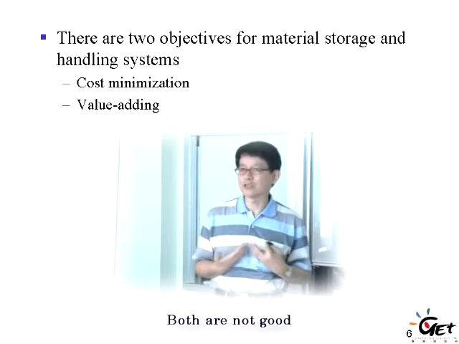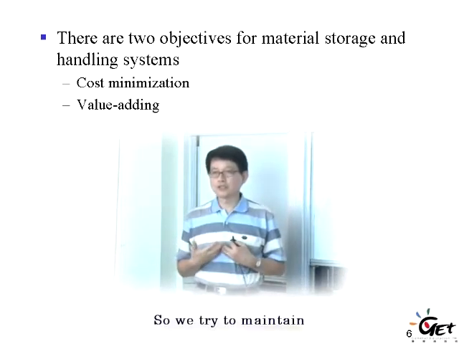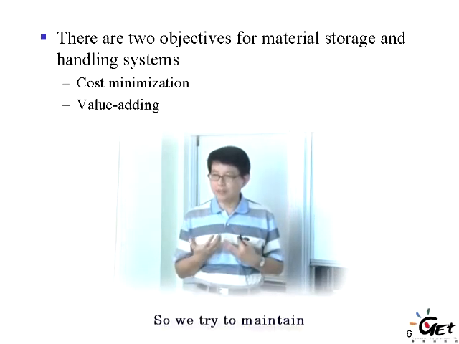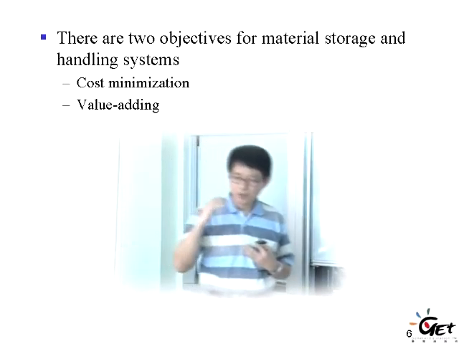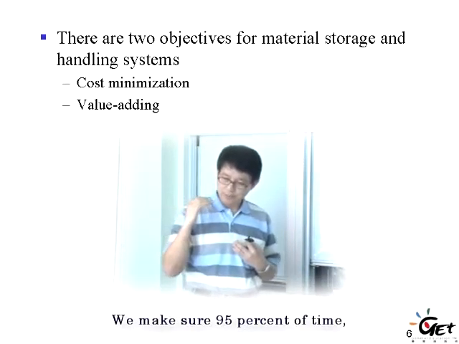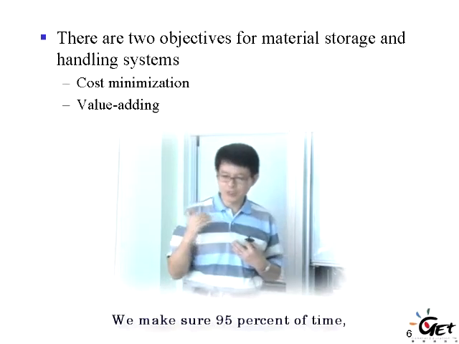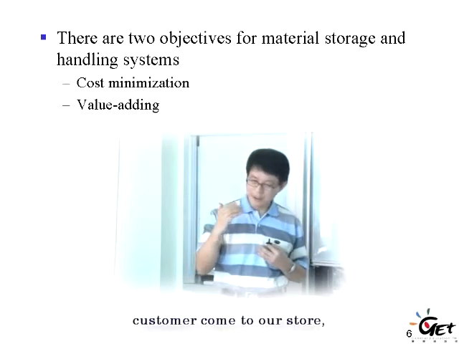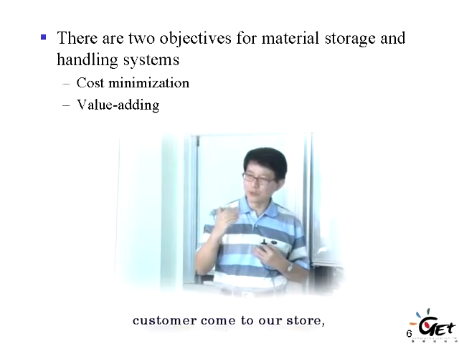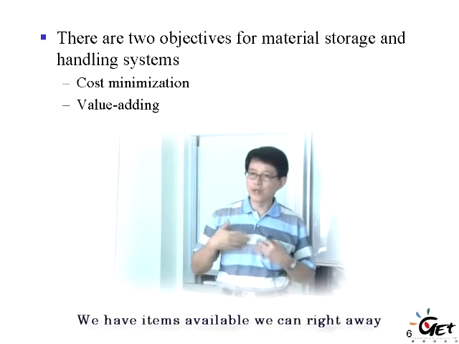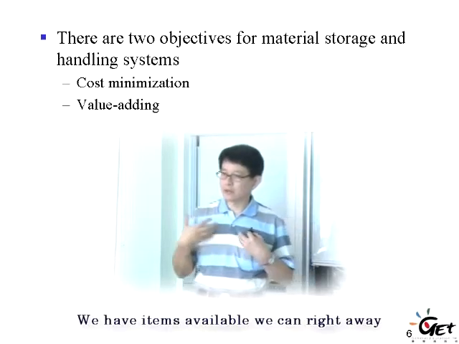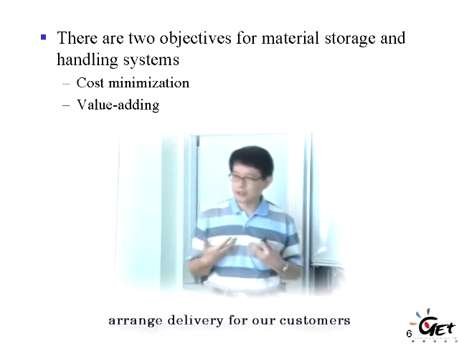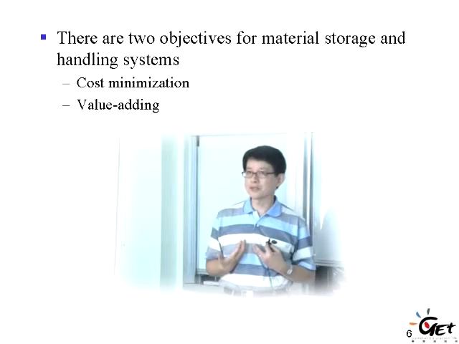Both are not good, right? So we try to maintain a customer service level. That means we make sure that 95% of the time, when customers come to our store or place an order, we will have items available. We can right away arrange the delivery for our customers, right?